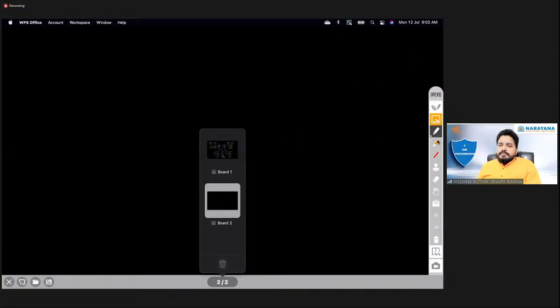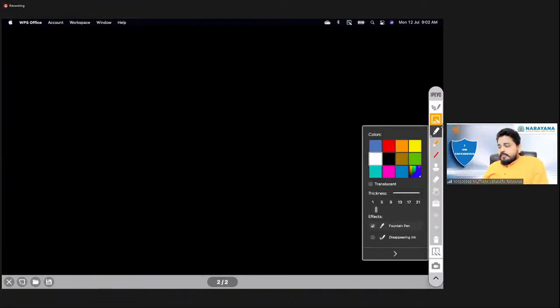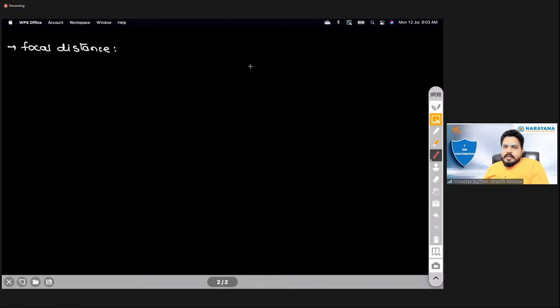Now, what is the focal distance? This is the x-axis and this is the y-axis.